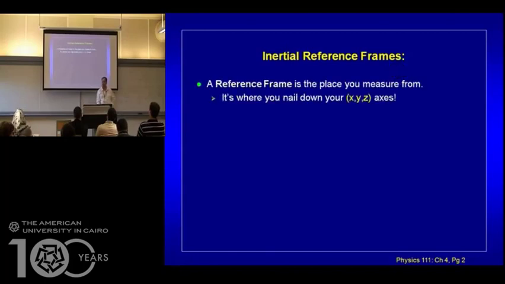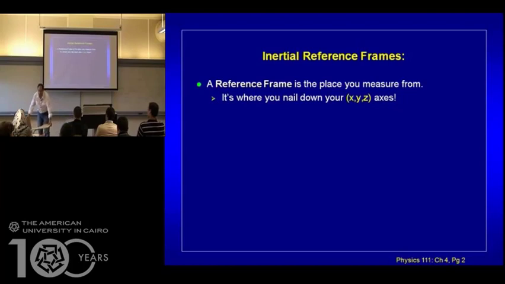Any frame can be just a coordinate system that you choose, and that frame can be moving. For example, if I choose that chair to be my frame, okay, I'll carry it.